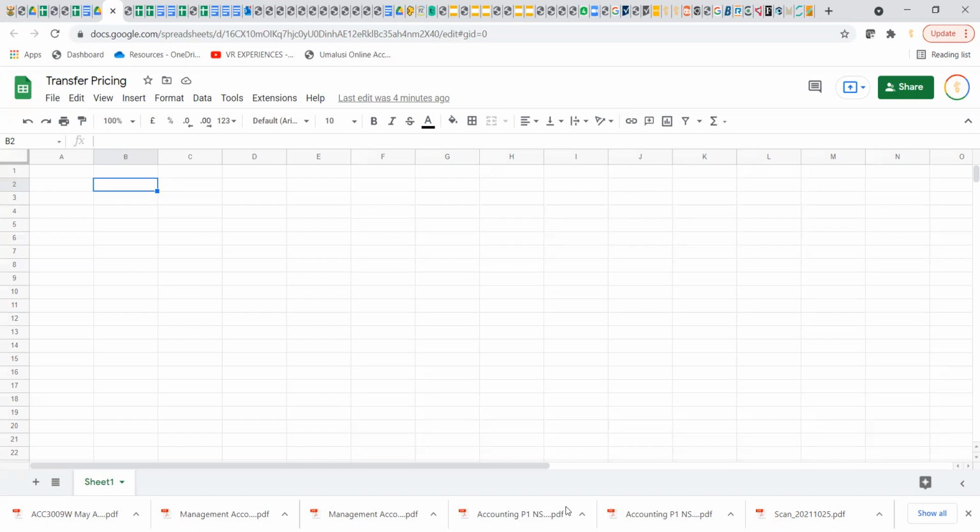Because they're running as separate entities, they will then transact with each other as if they are completely separate entities. Okay, so if you have a look at Coca-Cola, for example, they would have, let's say, the manufacturing division, and then they will have the bottling division. So let's say the manufacturing division is analyzed and measured based on how they operate.